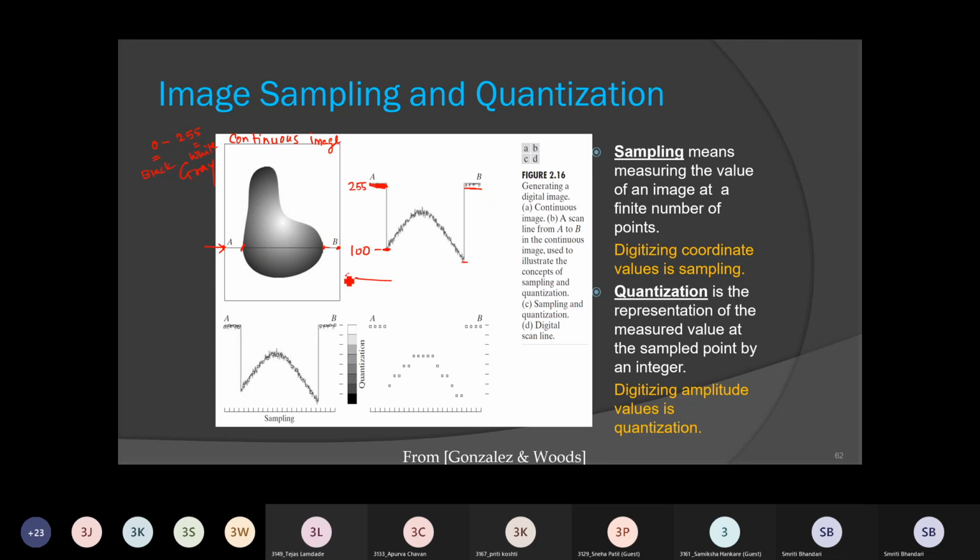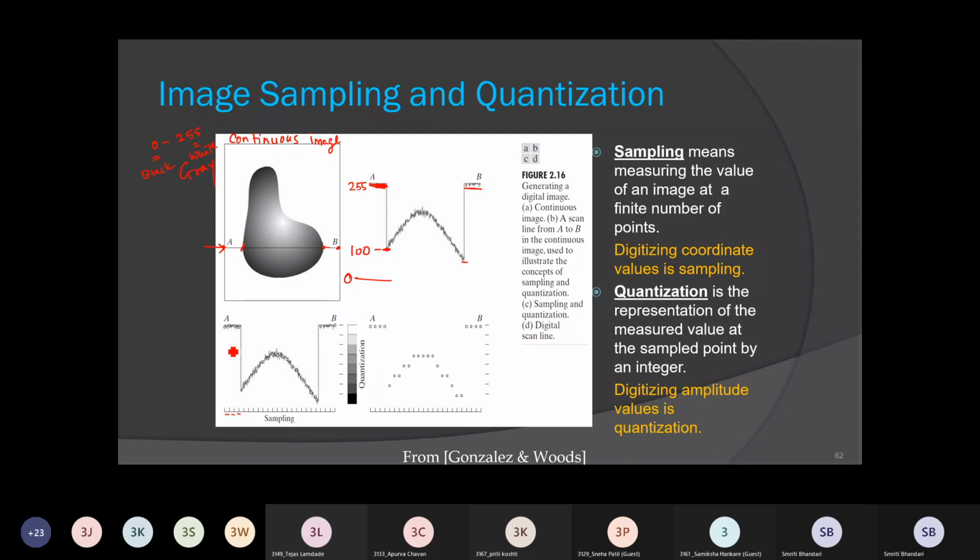Now I have this line A to B, and I'll be using sampling. What is sampling? As I stated, I do not want each and every value; instead I'll have regular sampling intervals. These small vertical lines denote my sampling intervals.